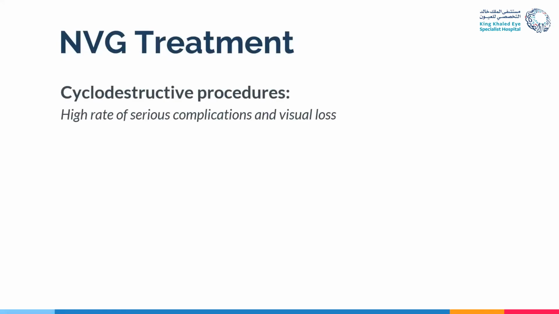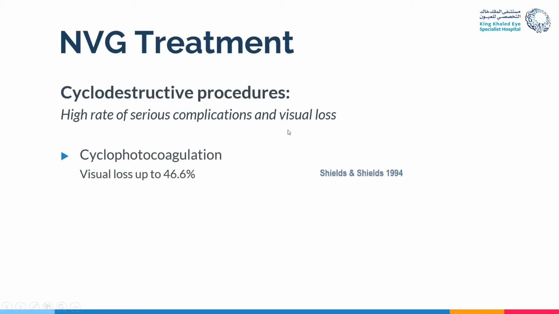So what are the modalities that are available? We said that as a surgical intervention, of course, cyclodestructive procedures, whether by laser or by cryotherapy. But the problem here is the high rate of serious complications and visual loss. As you'll see here, cyclophotocoagulation, this was in '94, visual loss up to 46% almost.